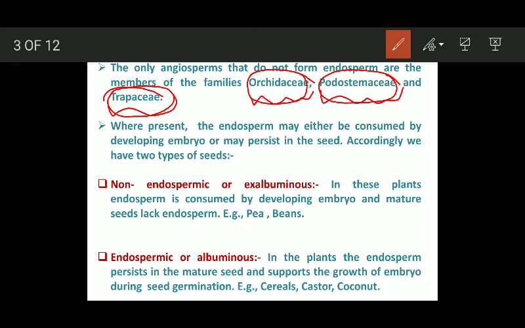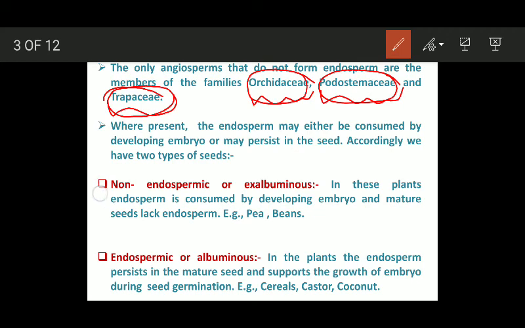It may either be consumed during the development of the embryo or it may persist in the mature seed. The first category is non-endospermic or ex-albuminous, और second one है endospermic or albuminous.